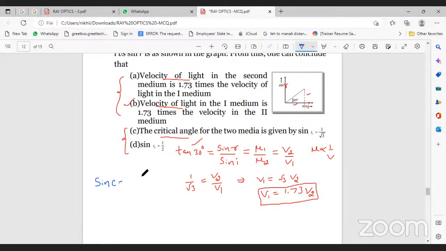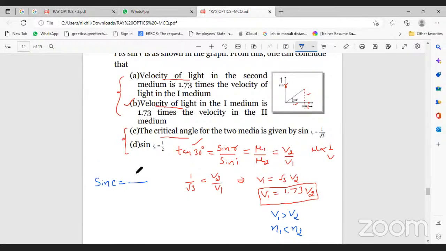It is the ratio of two refractive indices, or you can take the velocity ratio. V1 is more than V2, or in terms of refractive index, N1 is less than N2, because refractive index and velocity are inversely proportional.